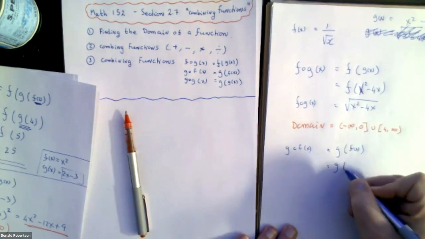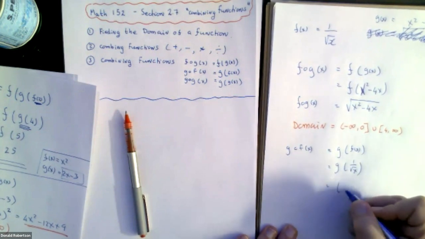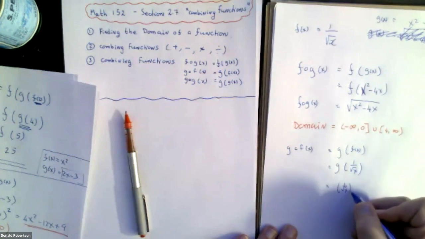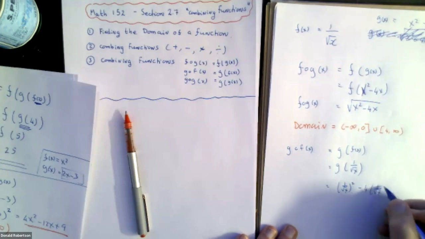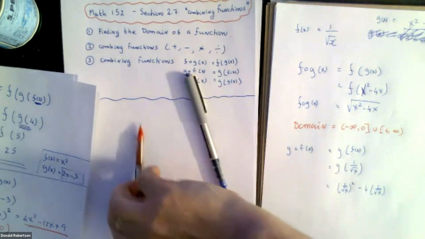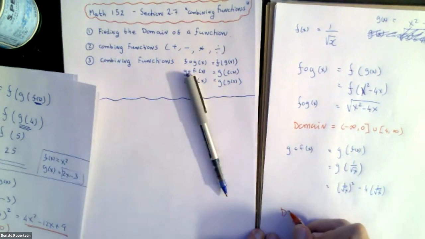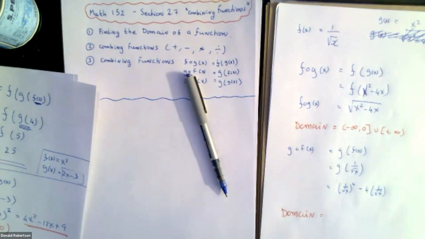So it's going to be 1 over the square root of x squared, take away 4 lots of 1 over the square root of x. Now, I'll tidy that up in a minute, but right now I'll leave it alone because it does give me information that I need to figure out this domain.